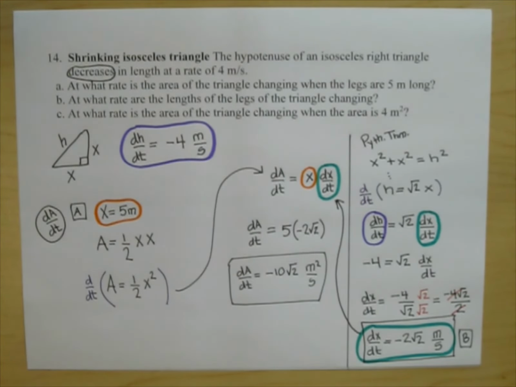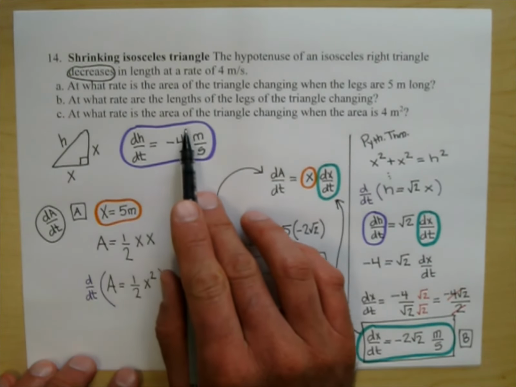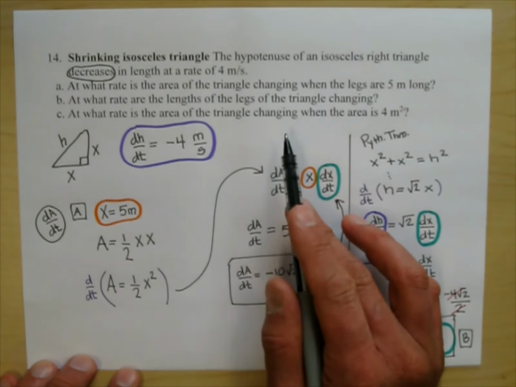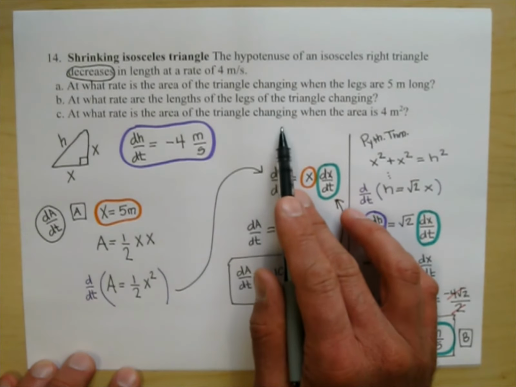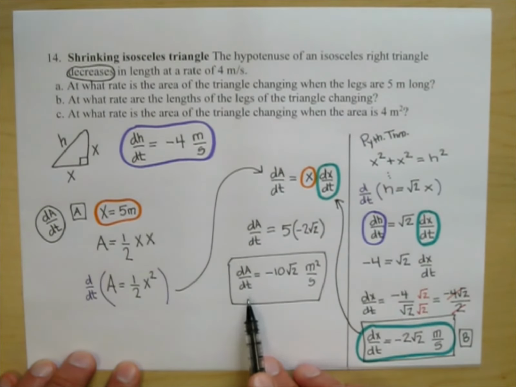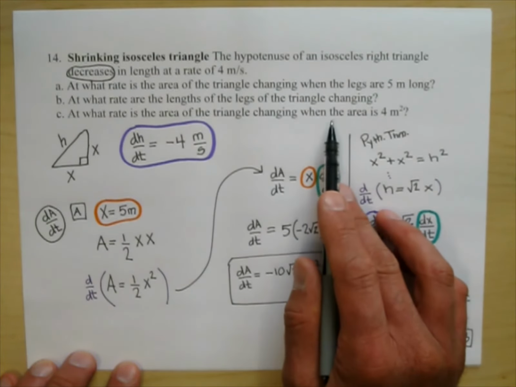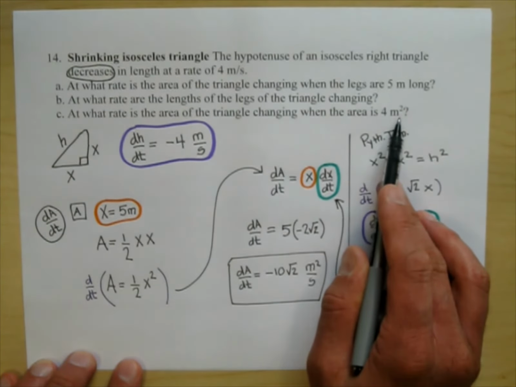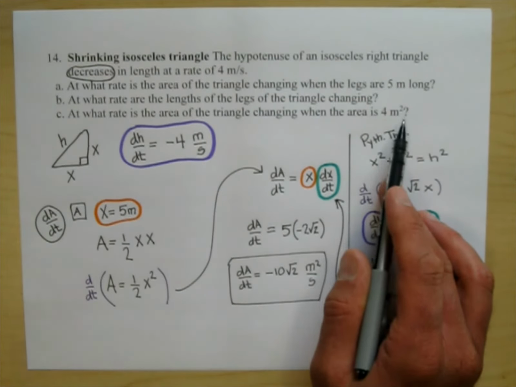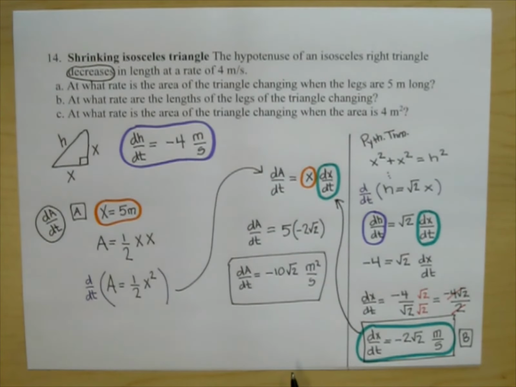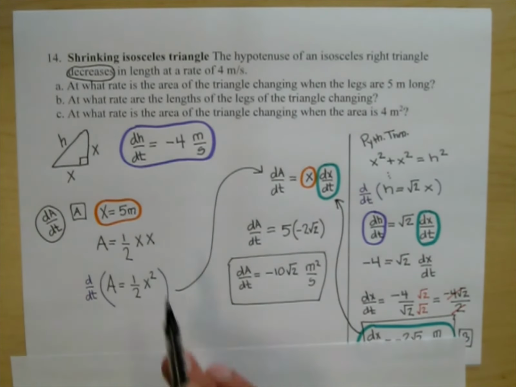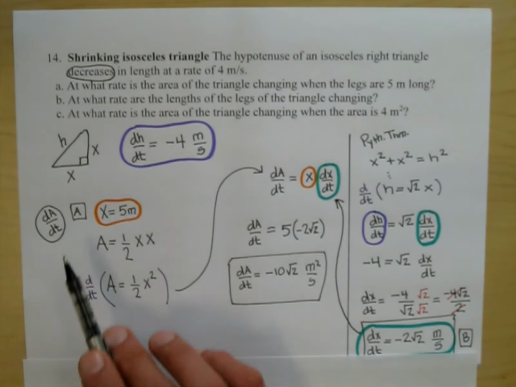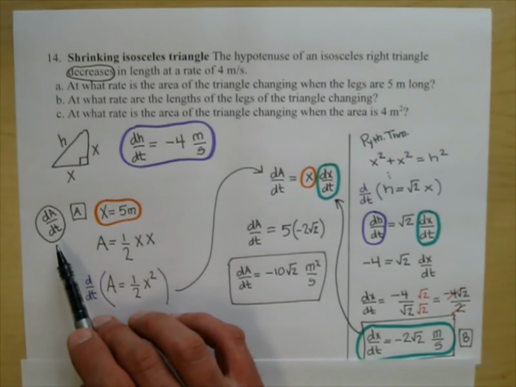Part C says, at what rate is the area of the triangle changing? So I thought we probably already found that, but look, when the area is 4 meters squared. Okay. We've run out of room here, so I'm going to get another piece of paper. And what are they asking for on part C? They're asking for dA dt.